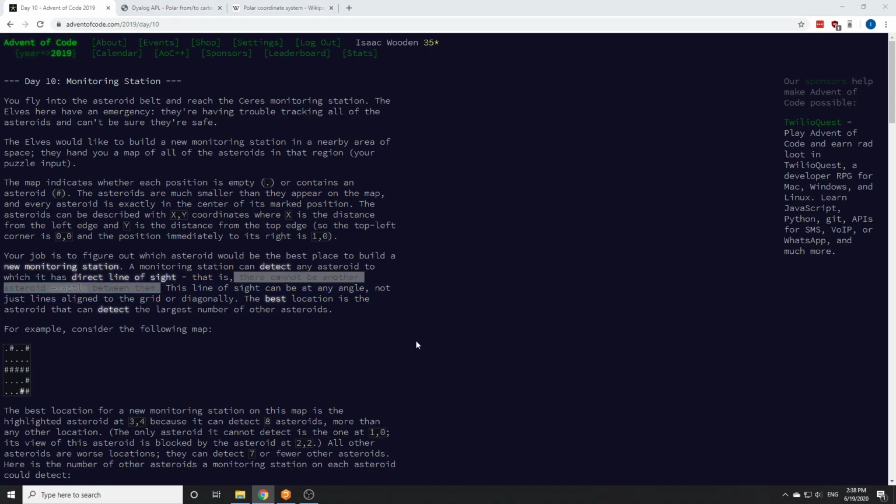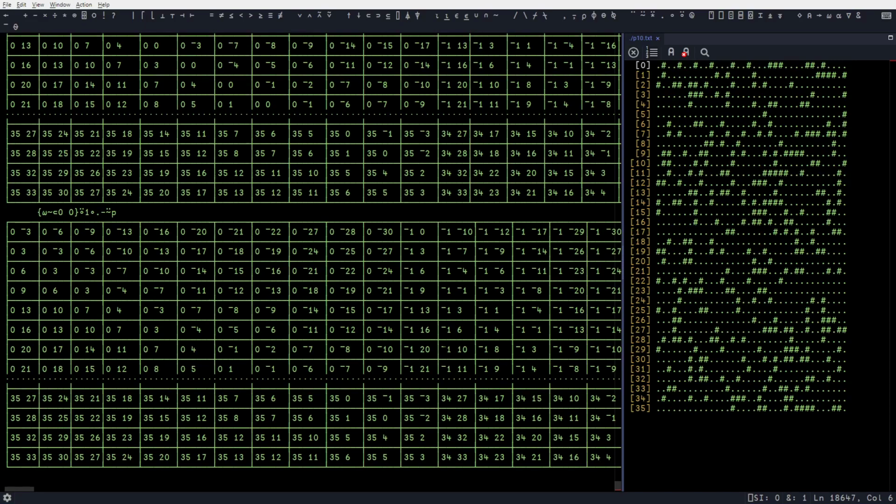So we want to eliminate some of these coordinates so that we're only getting a handful of these. We don't want the asteroids that are blocked by an asteroid directly in front of it. So what does that mean?